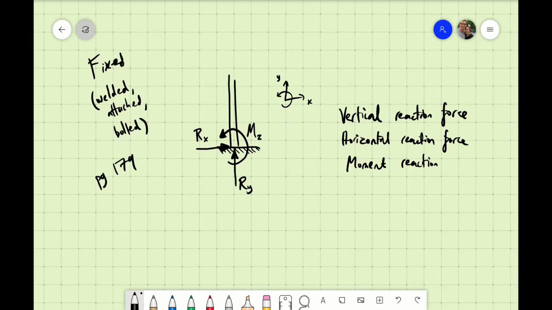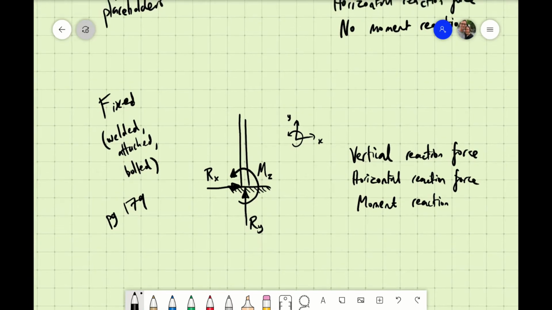He talks about a ball and socket. He talks about a collar assembly. The collar on page 182. That's the exact same thing that was on Miss Isaac's chair that I pointed out. It can slide up and down. It could rotate, but it can't translate in two of the directions. And it can't rotate in two of the directions.